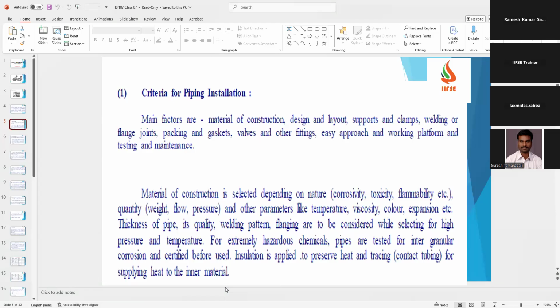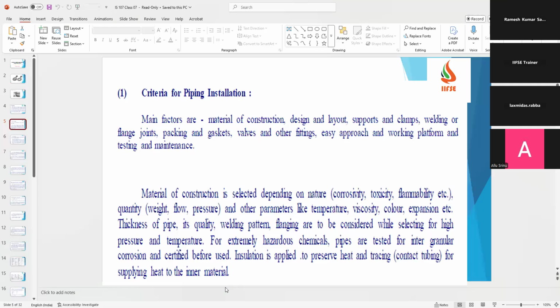Here, not only the nature, you should also check the parameters, like the material temperature while passing through the pipes, the viscosity of the material, the color, and also the expansion in case of any thickness change or temperature increase. The thickness of the pipe, its quality, welding pattern, and flanging are to be considered while selecting for high pressure and temperature lines.